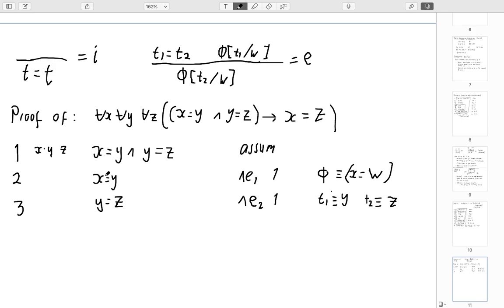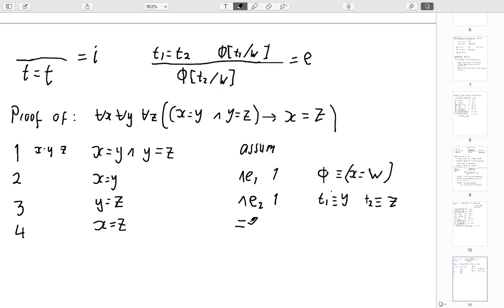That's this formula here. So what we can conclude from the equals elimination is phi with t2 substituted for w, that's phi with z substituted for w, that's x equals z. So we indeed get that x equals z by equals elimination from, let's put them in the right order.